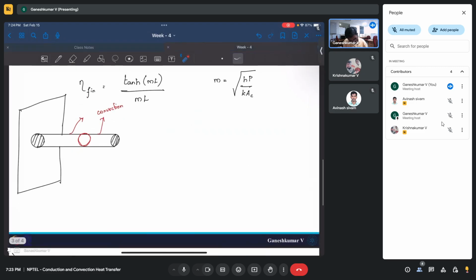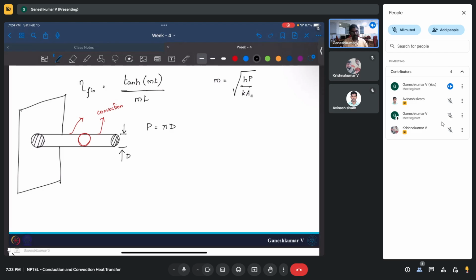All right. So here that perimeter is going to be the perimeter of the circle. So if we write that down separately, this is diameter d.